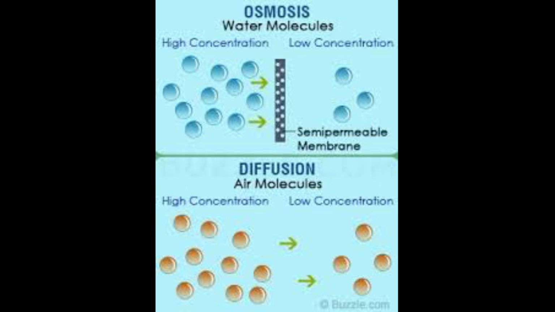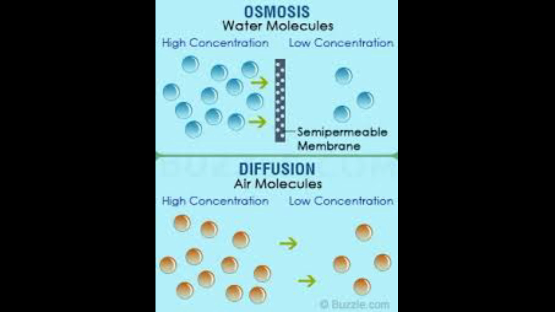Something similar to this happens in cells when, for example, some substance like carbon dioxide, which is cellular waste and requires to be excreted out by the cell, accumulates in higher concentrations inside the cell.